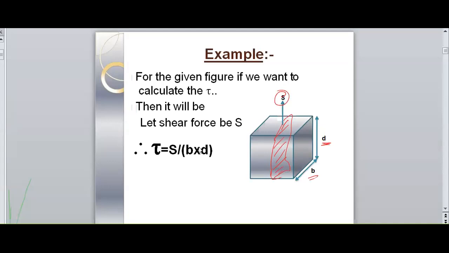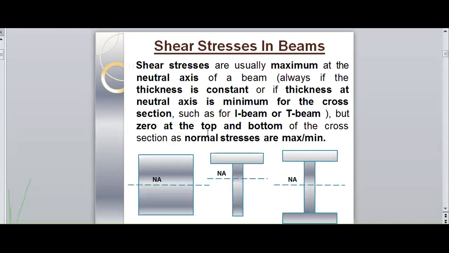Next, if you consider the beams, the cross section of beams may be a square, a T section, an I section, or a C section, that is the channel section. This may be a cross section of the beams.